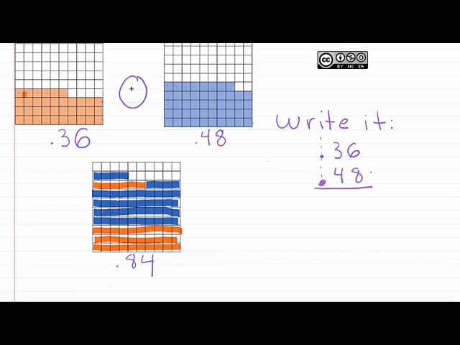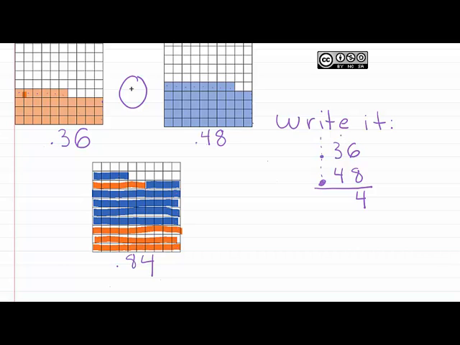So now, when we add these two together, we want to add from right to left, just like we did when we were adding whole numbers. So we're going to go 6 plus 8 is 14. So 14 is going to give me 4, and since these are 14 hundredths, we know that we have 10 hundredths, which is the same as 1/10.